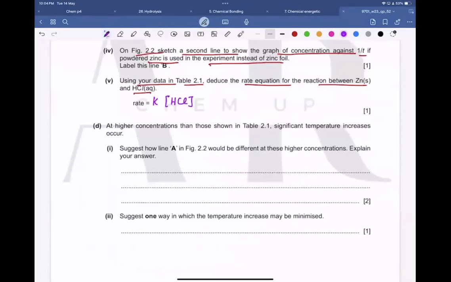At higher concentrations than those shown in table 2.1, a significant temperature increase occurs. Suggest how line A in figure 2.2 would be different at those higher concentrations. Explain your answer. Okay.